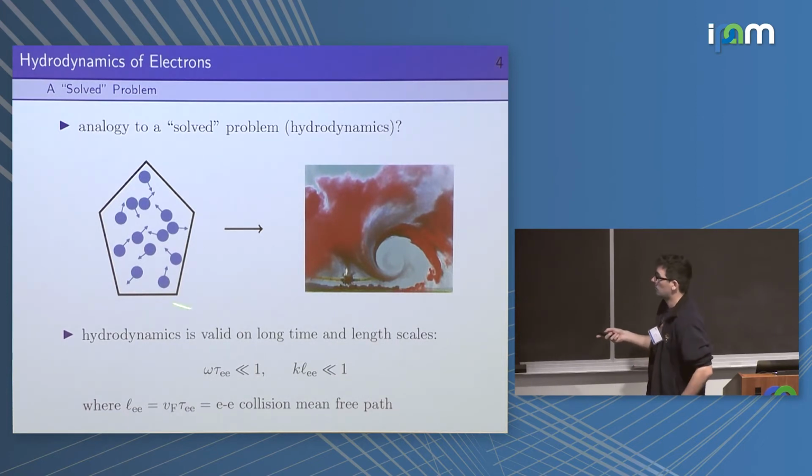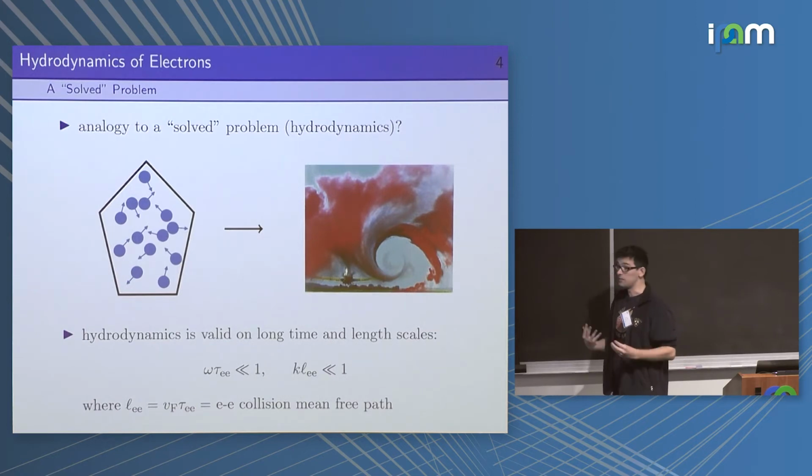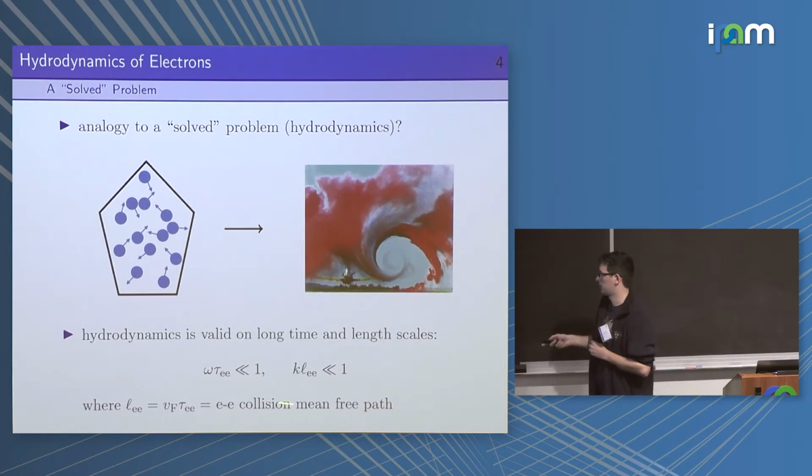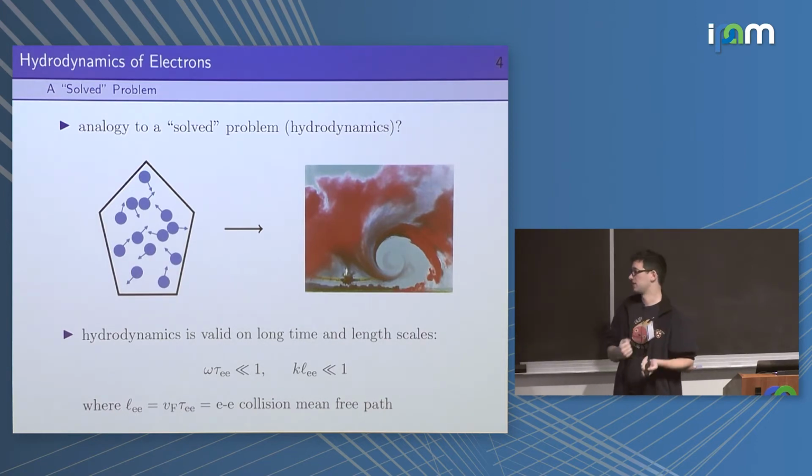Hydrodynamics is valid on long time and length scales. And in particular, what we mean by long is that we can talk about hydrodynamic phenomena on long time scales compared to microscopic collision times between the molecules in our gas, and on long length scales compared to a mean free path between collisions in the gas. Okay?